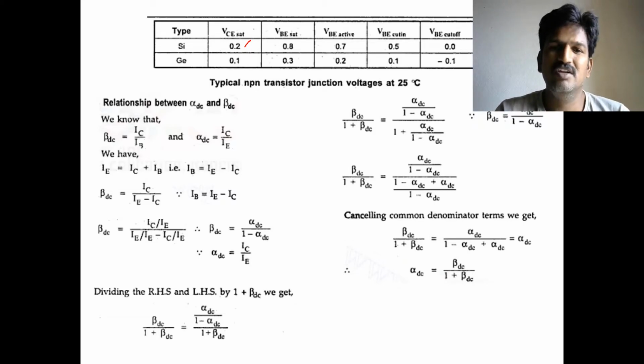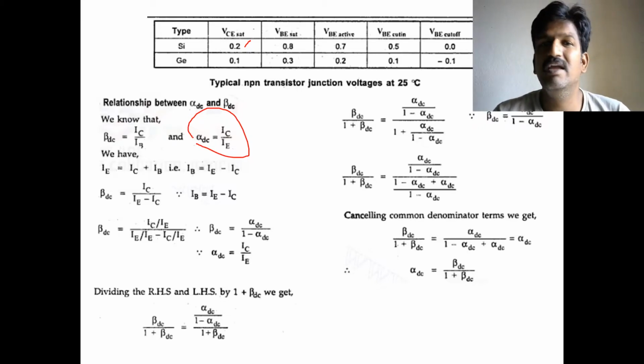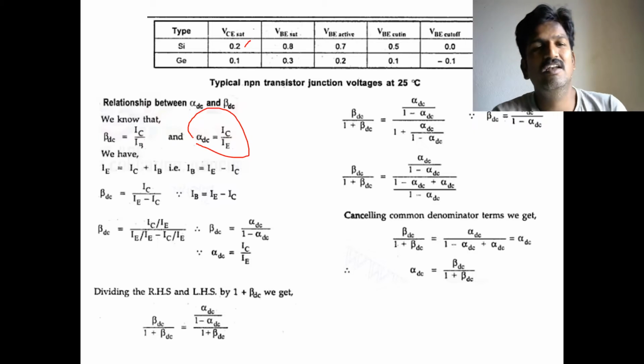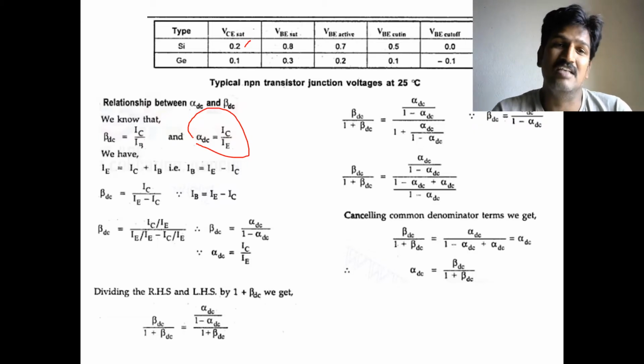This is a relation we already discussed in the last slide. We know that beta DC is equal to IC divided by IB, and alpha DC is equal to IC divided by IE. We have the relation between collector current and base current, that is IE is equal to IC plus IB.